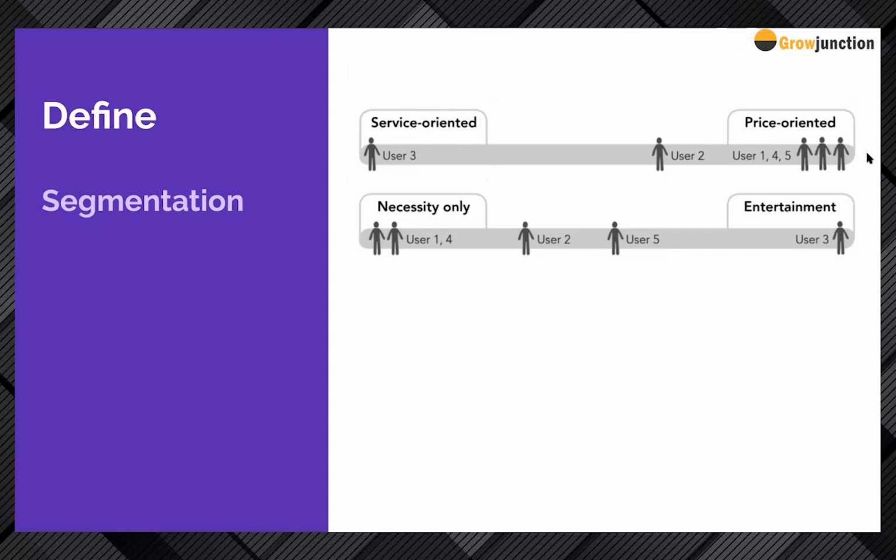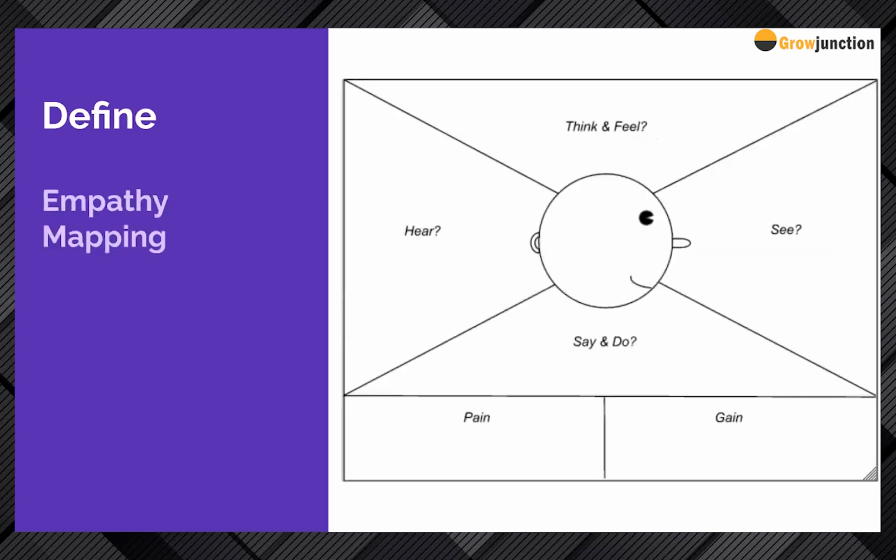But if a customer is price oriented, he would want to get those services, but not in an urgent manner. He would compare those services among different competitors and choose very wisely. So that's how, on certain variables which we identify through our previous studies, we segment the users into different cohorts.